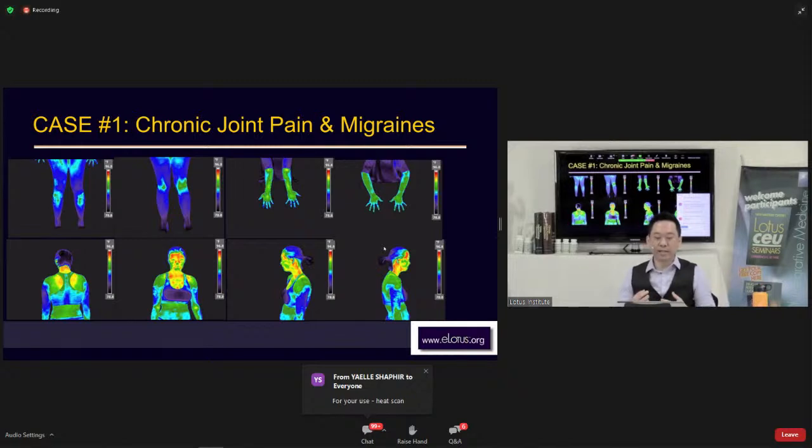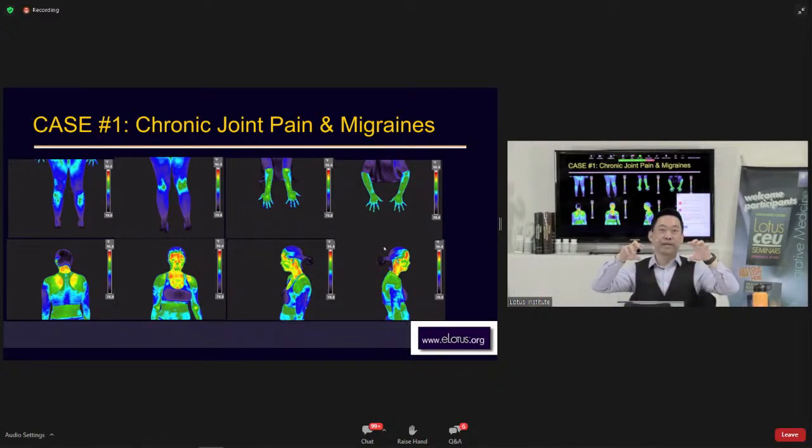So thermography, it's a camera, okay? It's just like a camera that detects infrared heat that comes out of our bodies. Every one of us generates infrared heat, right? So when COVID just happened, they had a lot of thermography cameras in the airports because they can pick up if someone has a fever, right?